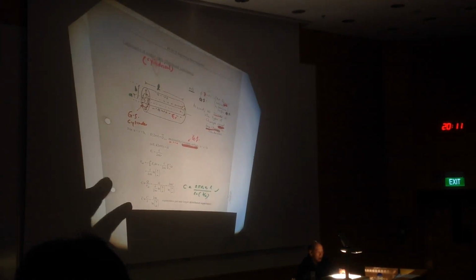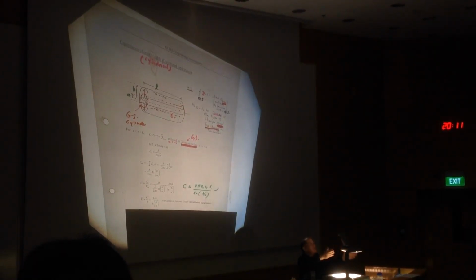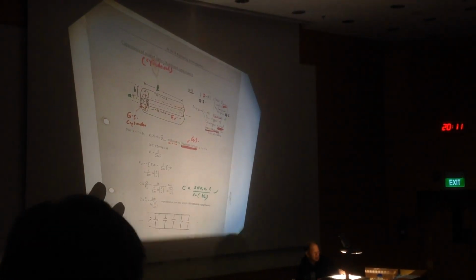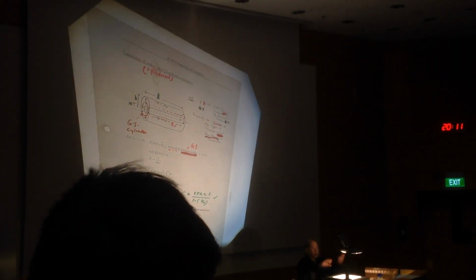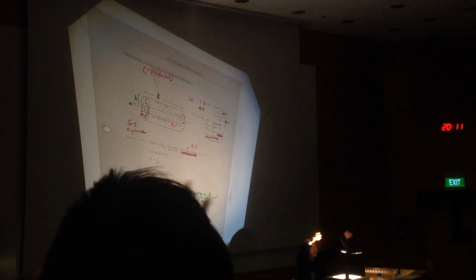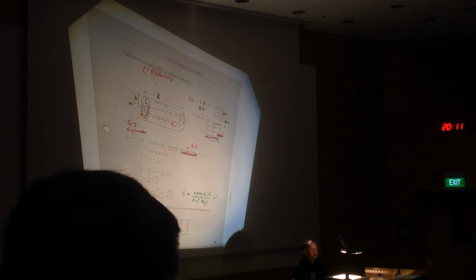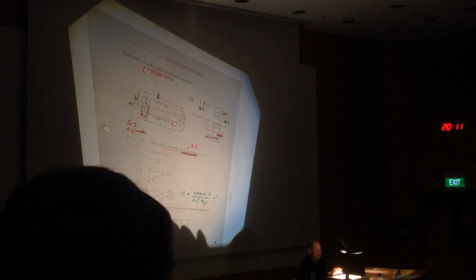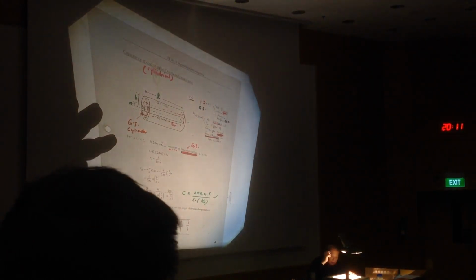If I look at the long cable made of small sections, these capacitors are all in parallel because they have the same potential terminals. The inner conductor is the same, the outer conductor is the same, they are at the same voltage, therefore they are in parallel. So if I have one here, another one here, they add together.